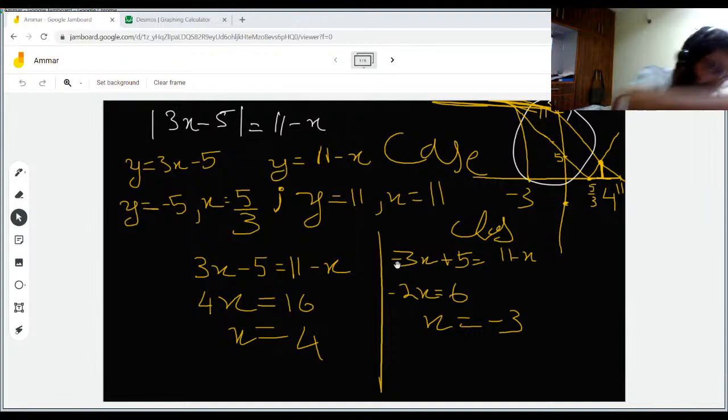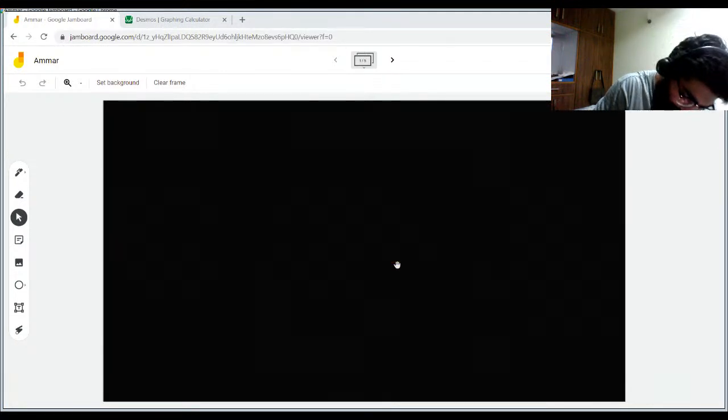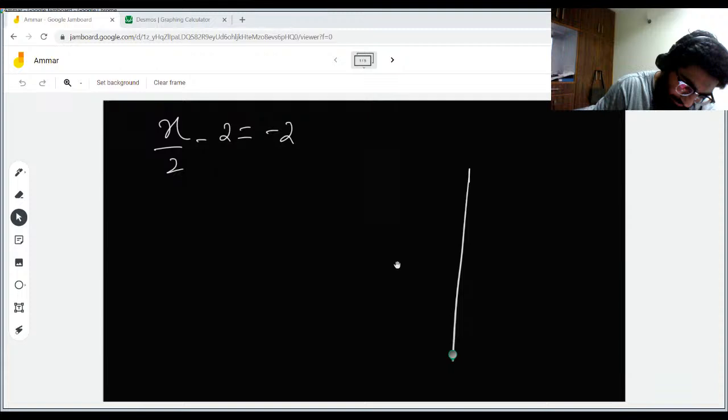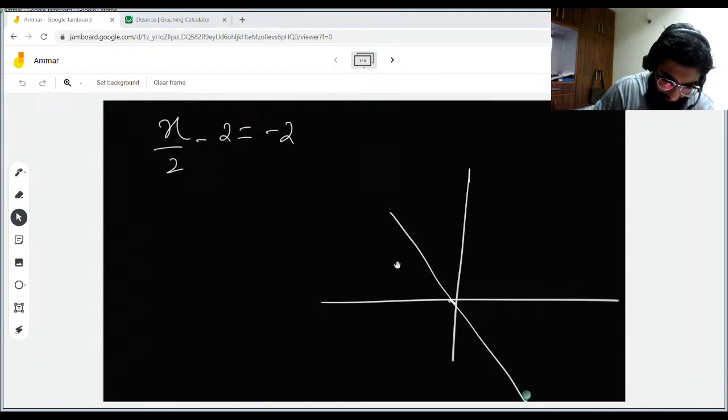Another thing, if I refer to the previous question for just a moment: x by 2 minus 2 was equal to minus 2x. One graph was going through the origin, and the other one was like this.